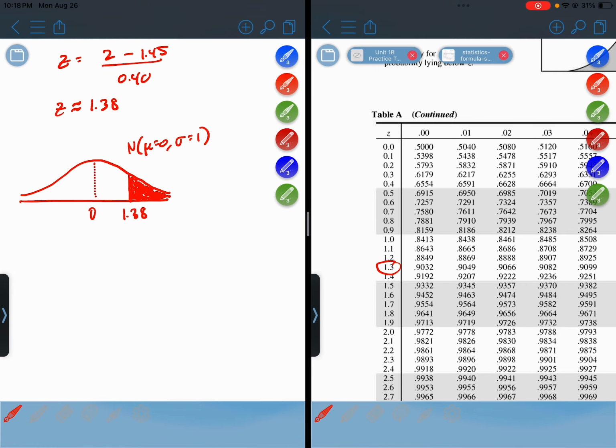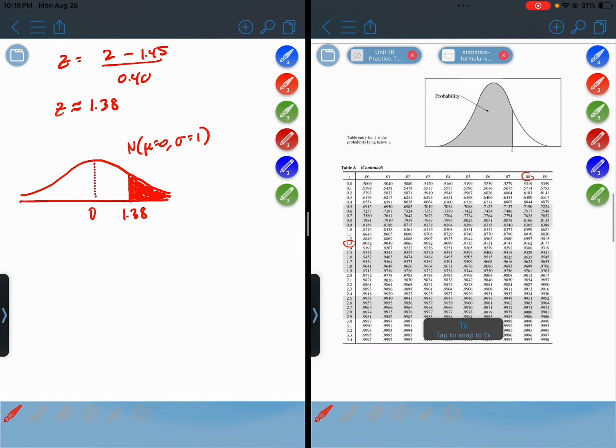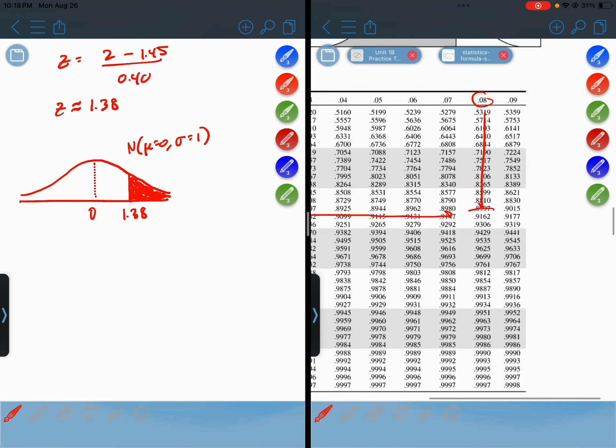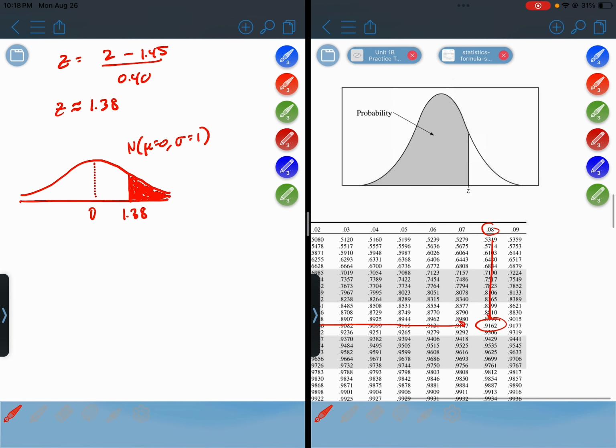There's the 1.3, and all the way over there, that's the 8. So we're looking at 0.9162, or 91.62%, which doesn't seem right, but that's because table A gives you the area to the left.